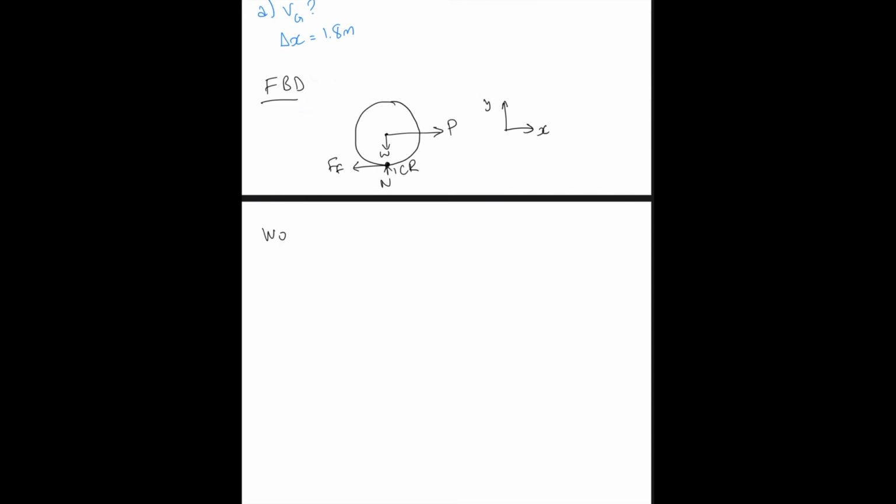So for this problem, we're going to use our work energy equations, which is T1 plus U12 work is equal to T2. However, we know that T1 is 0 because it starts from rest, so V0 is 0.